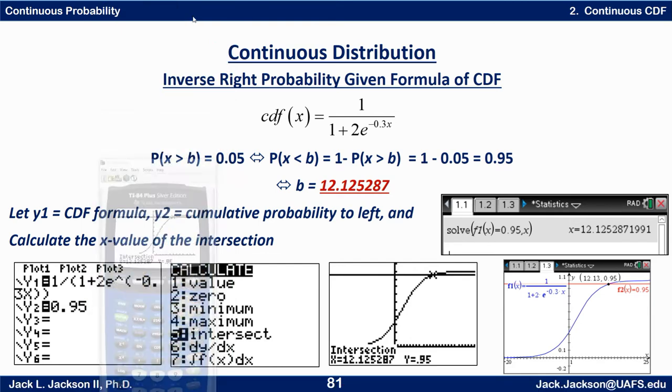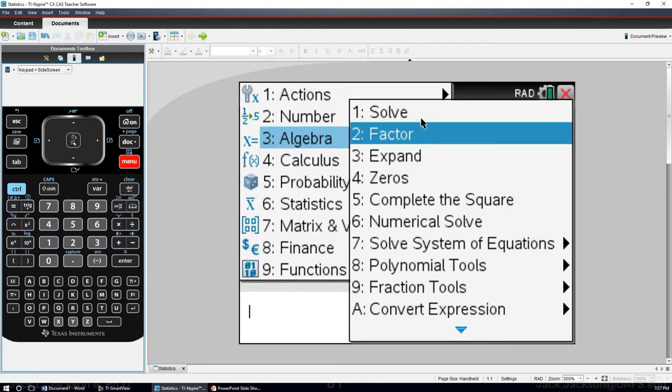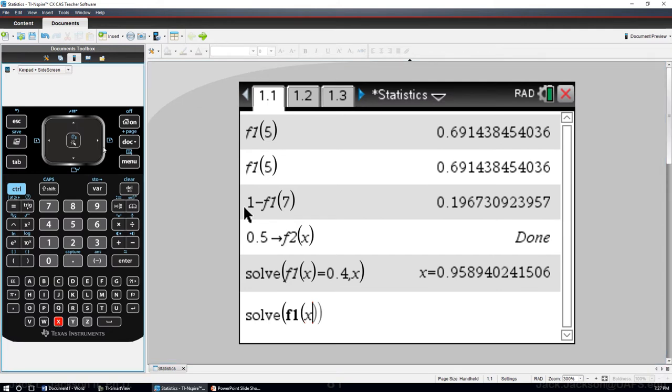You can do a similar thing on the Nspire, but again, probably the easier thing to do is to just do it like this. So you go to Menu, Algebra, Solve, and we get F1 of x equals, and again it's 0.95, and when I solve that for x, I've got a parentheses problem here.